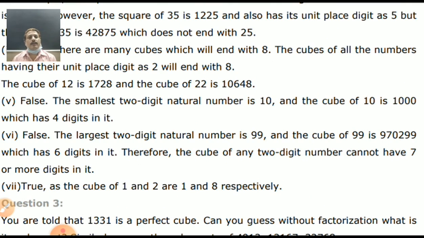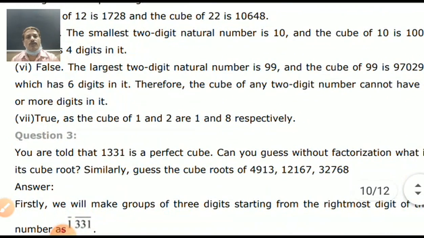Is it clear, beta? The cube of any 2 digit number cannot have 7 or more digits in it. It can have 6 digits, but not more. The last one, the 7th, is a true one, as the cubes of 1 and 2 are 1 and 8 respectively.